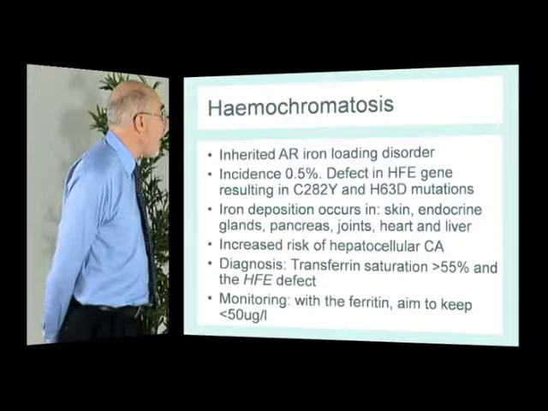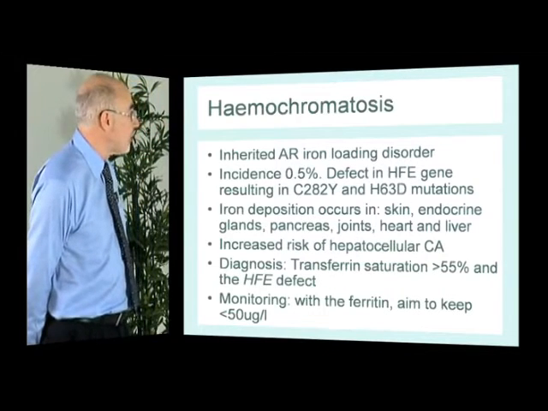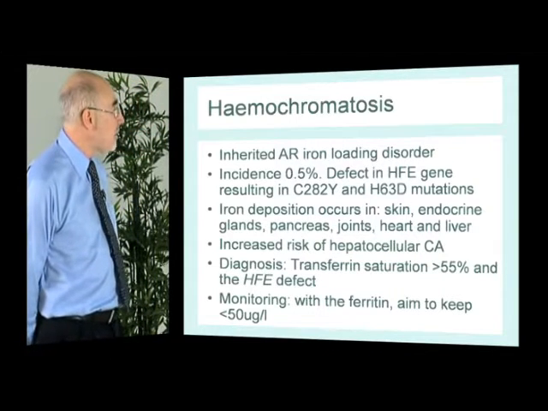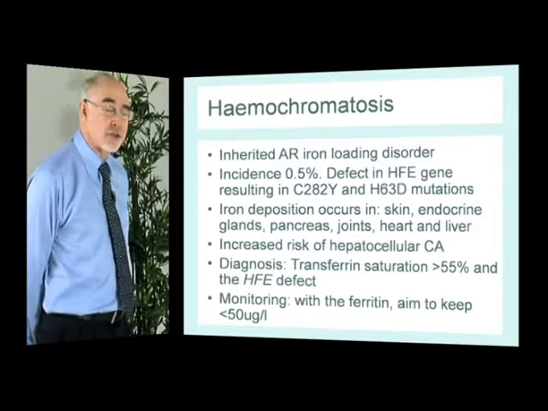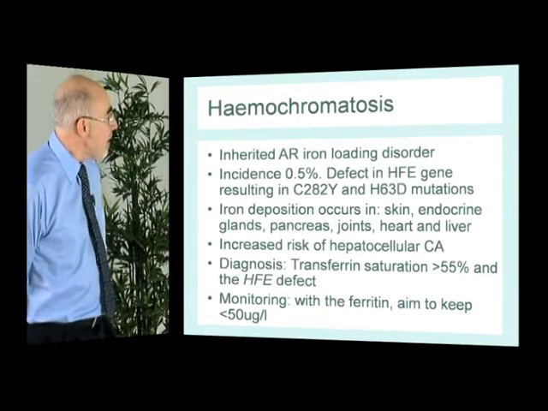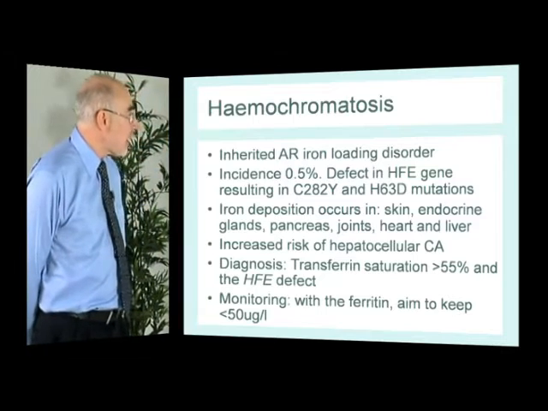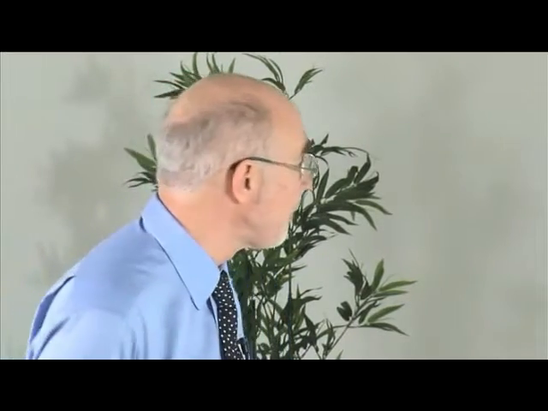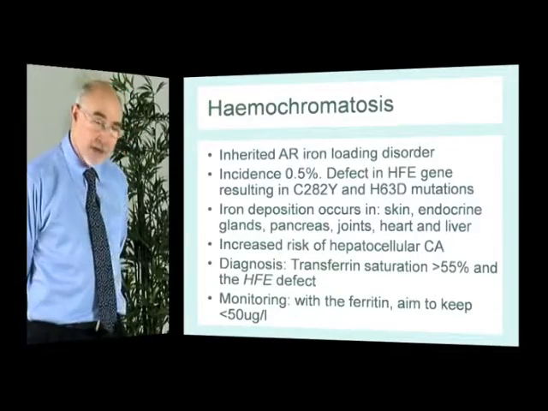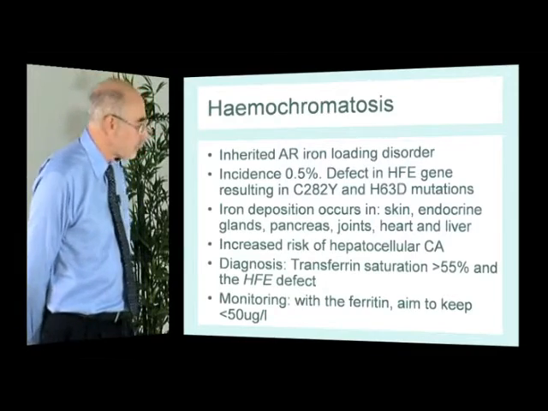Endocrine dysfunction, hence the name bronzed diabetes for this condition, and in the joints, giving arthralgia and arthritis, and in the heart, giving cardiomyopathy and cirrhosis.